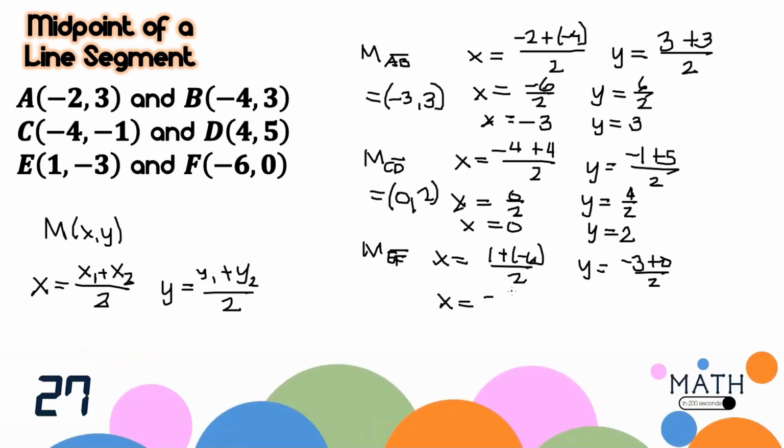In this case, you have negative 5 halves, and for your y, you will have negative 3 halves. Stay as improper fraction. So you have here negative 5 halves and negative 3 halves as the midpoint of the line segment EF connecting the points E and F. So this is how we solve the midpoint of a line segment.